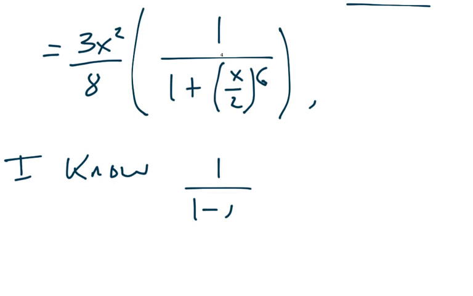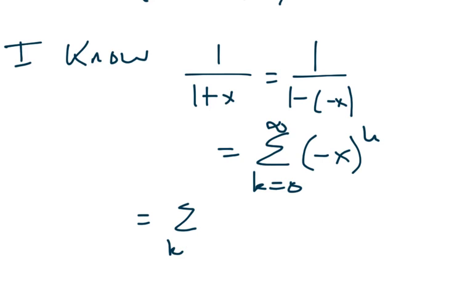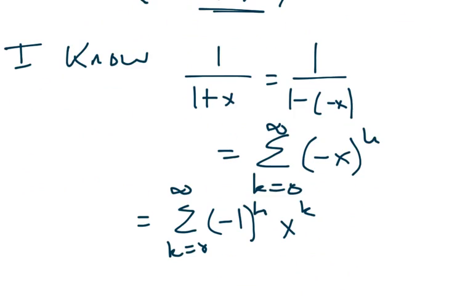I know 1 over 1 minus x is equal to 1 over 1 minus negative x, and I know this series is the sum from k equals 0 to infinity of x to the k. I'm going to write this as the sum from k equals 0 to infinity of (minus 1) to the k, x to the k. So I know this is true. I have the similar thing here, but now instead of 1 plus x, I have x over 2 to the 6th.